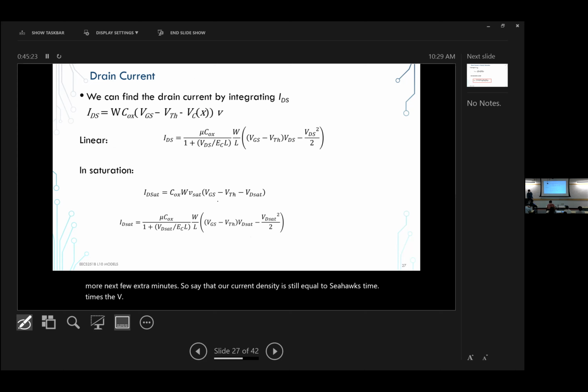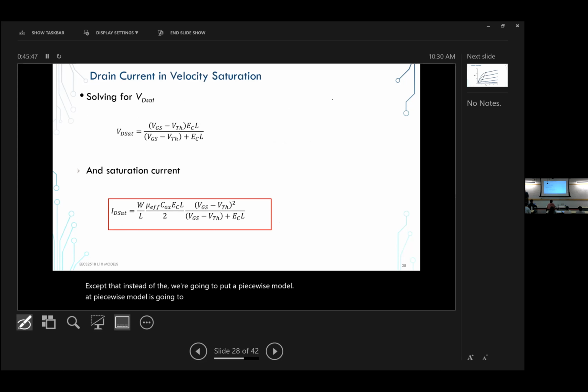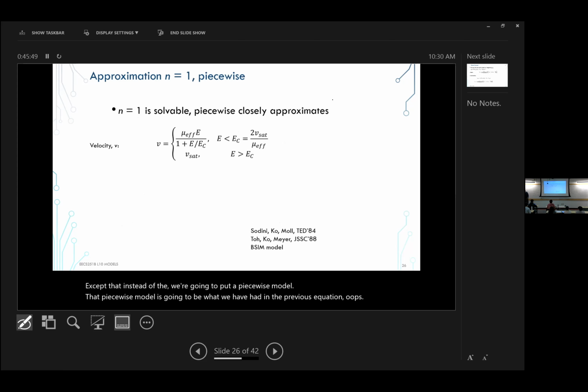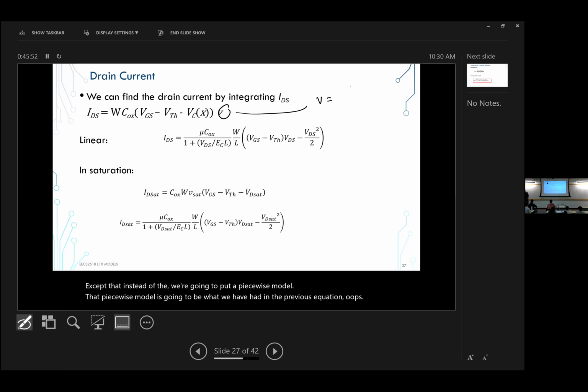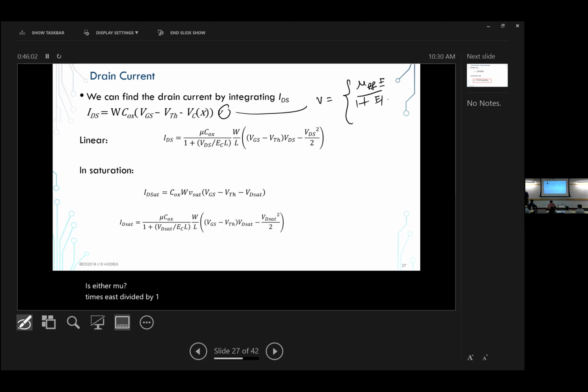We'll get the current by multiplying the current density by the width, and we can integrate that whole thing, except that instead of V, we're going to put a piecewise model. That piecewise model is what we had in the previous equation: either mu effective times E divided by 1 plus E over EC, or VSAT.